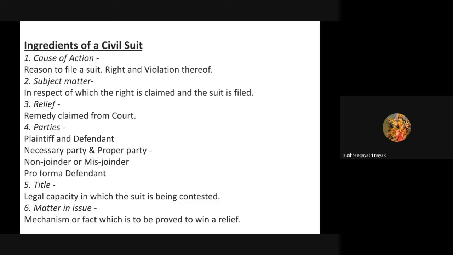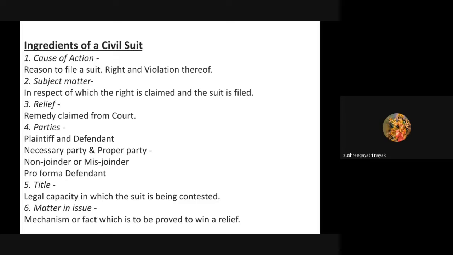Necessary party is a party without whom no effective adjudication is possible. But proper party is a party without whom an effective adjudication can be done. But then the finality to that question, which is before the court, that cannot be done. So this is the difference between a necessary party and proper party.